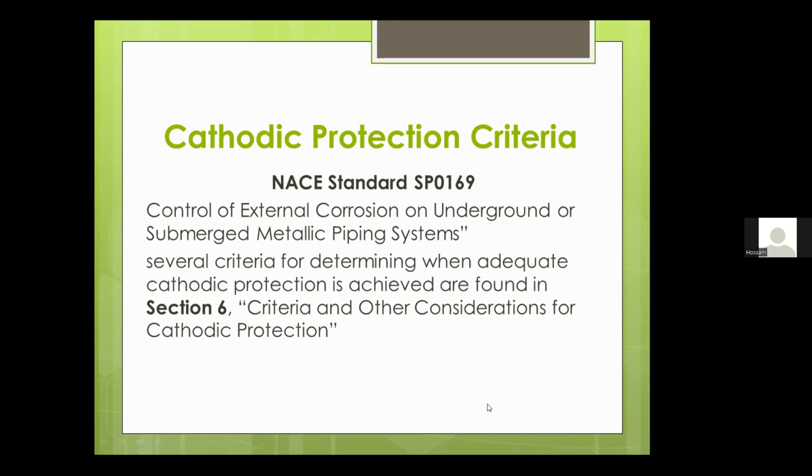The cathodic protection criteria, as stated in NACE standard SP0169, which is the control of external corrosion on underground or submerged metallic piping systems. This standard mentions several criteria for determining when adequate cathodic protection is achieved, in section 6.